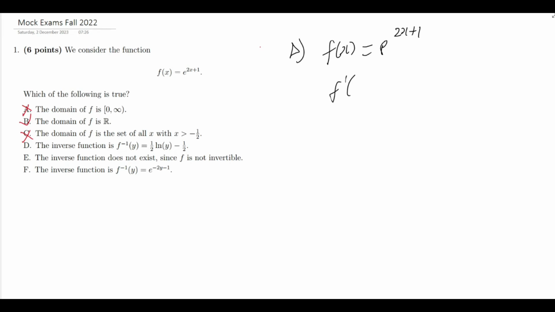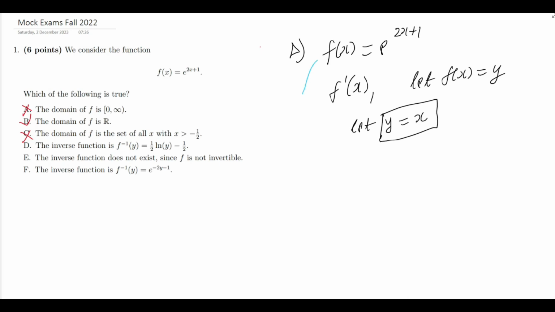To look for the inverse, we say let f of x be equal to y, and let y be equal to x, meaning anywhere we see x we replace it with y, and anywhere we see y we replace it with x. Our function now becomes x equals e to the power 2y plus 1. What we need to do here is simply make y the subject of the formula.